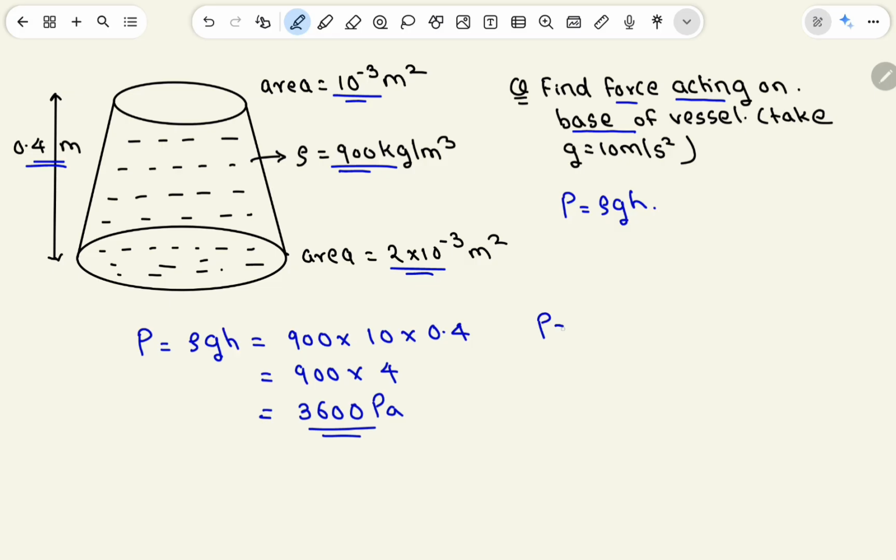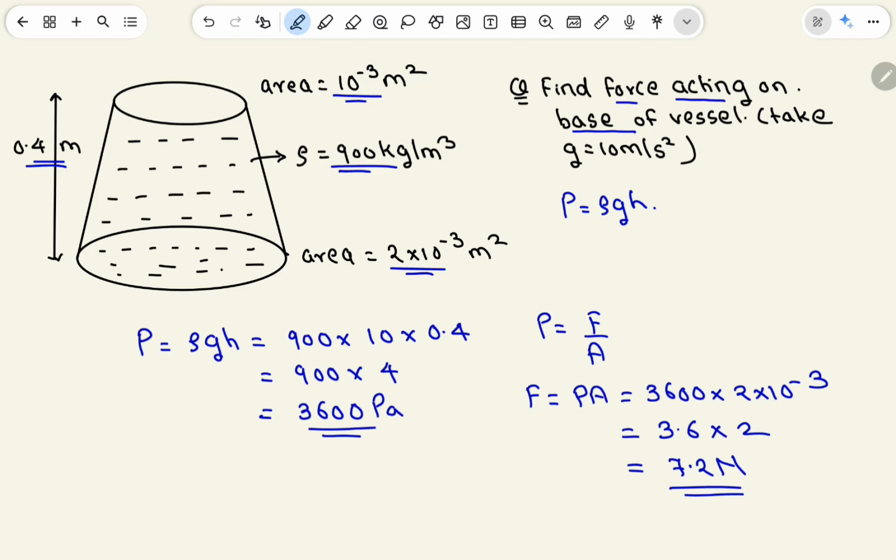Now, we know pressure is force over area. So to find out the force, we just multiply pressure and area. So pressure is 3600 and area is 2 into 10 to the power minus 3. So 10 to the power minus 3 into 3600 gives me 3.6 into 2, and 3.6 times 2 is 7.2 Newton. So the answer, I think, is 7.2 newtons.